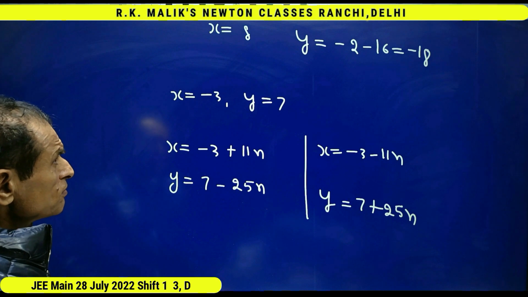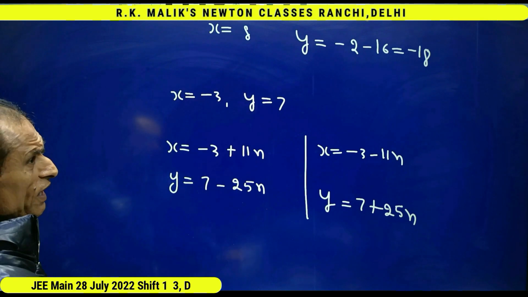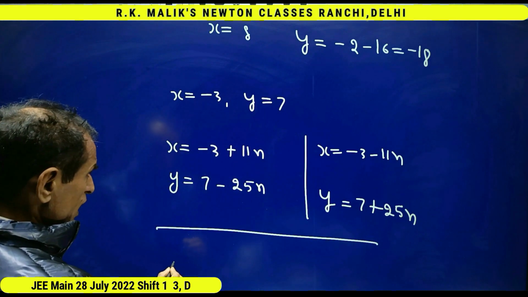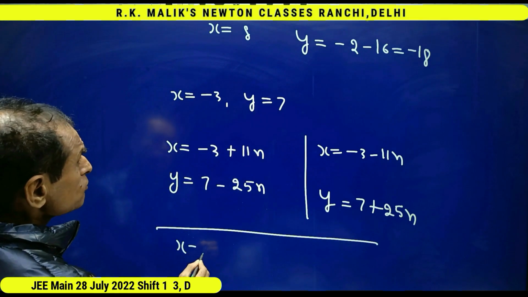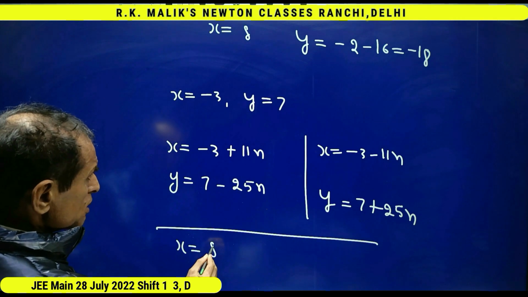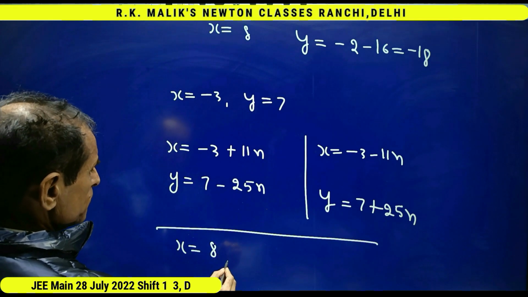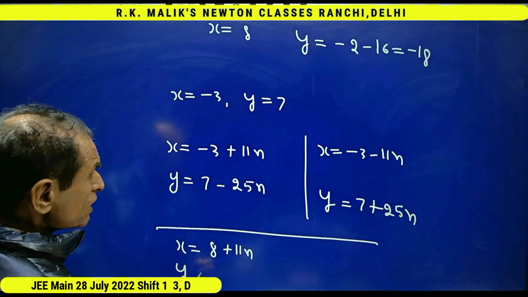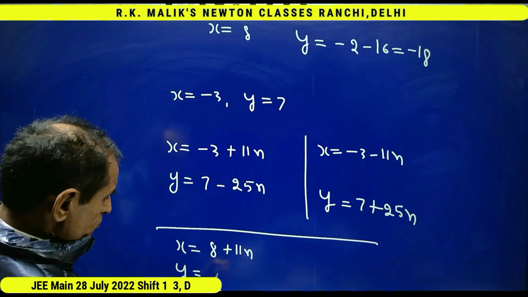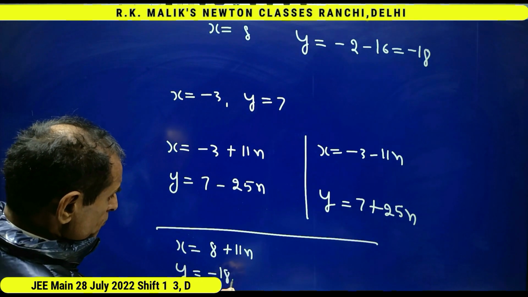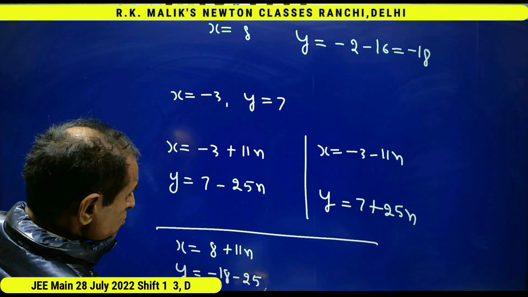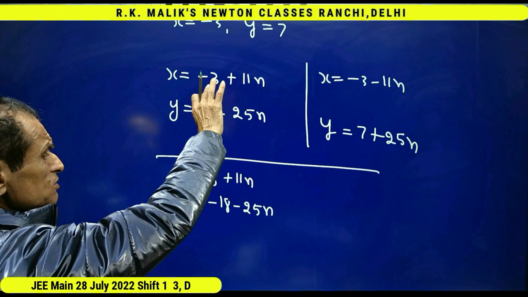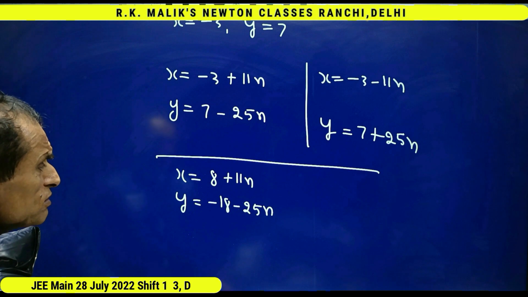And hence, by taking this value of x and y, the solution I'll be getting will be x equal to 8 plus 11n and y equal to minus 18 minus 25n. You can see very easily this solution is not different from this.